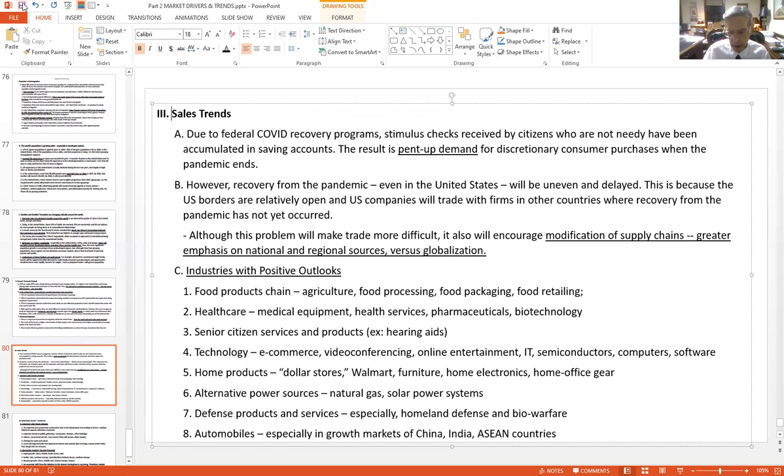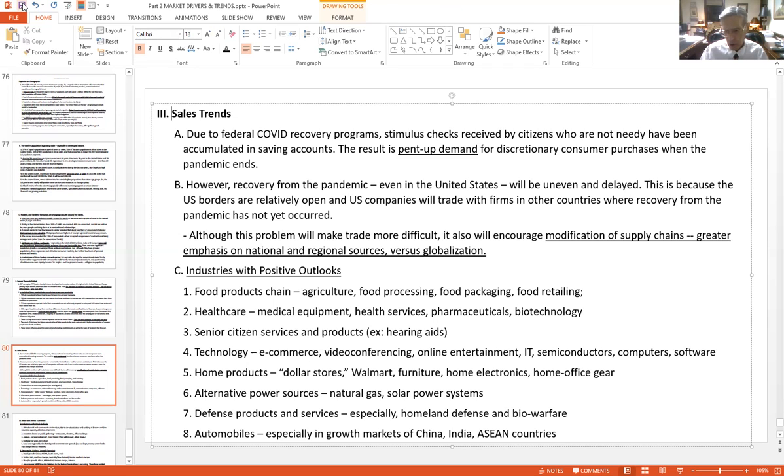However, the gap between income groups is still widening. And so the greatest growth probably will be in the so-called dollar stores and discount retailers such as Walmart. Power sources are changing.